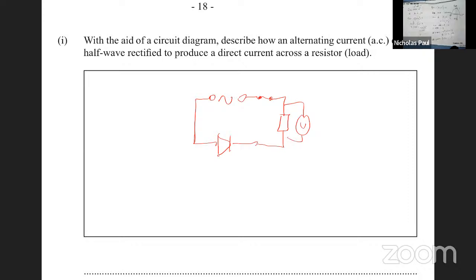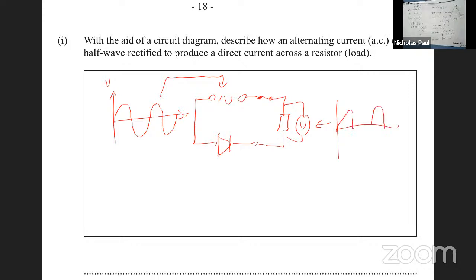So you will show them that the voltage here is alternating. And what would the output here be? Half-wave rectified, right? That's the circuit you want, and that's the input and output you want to have.